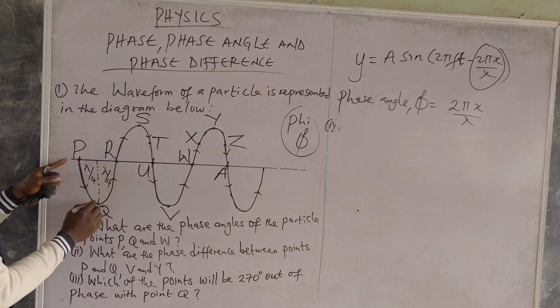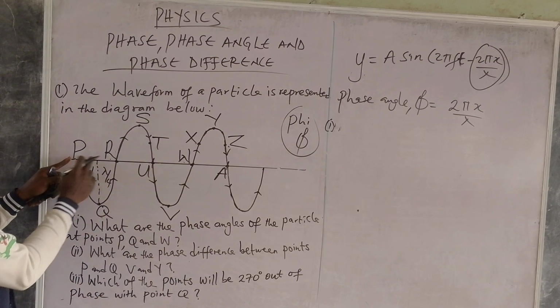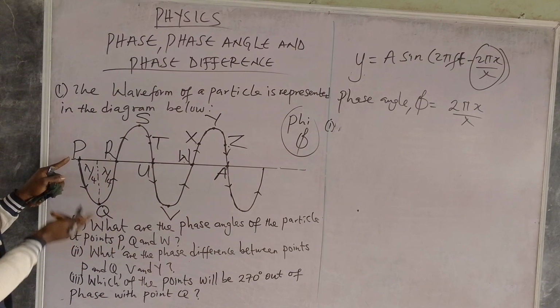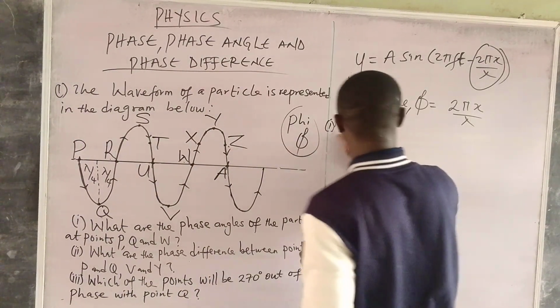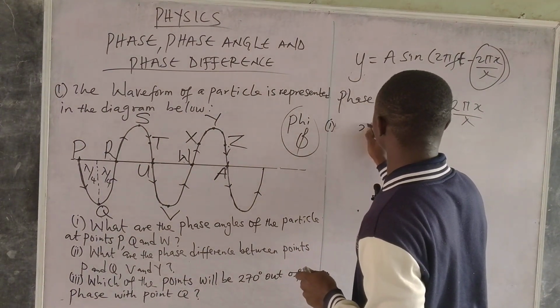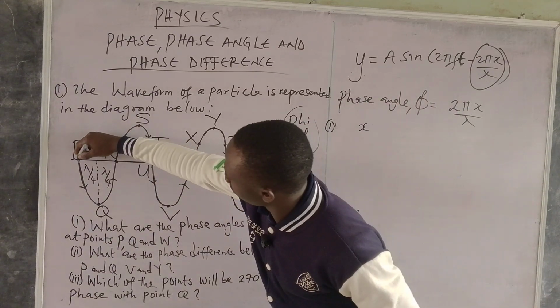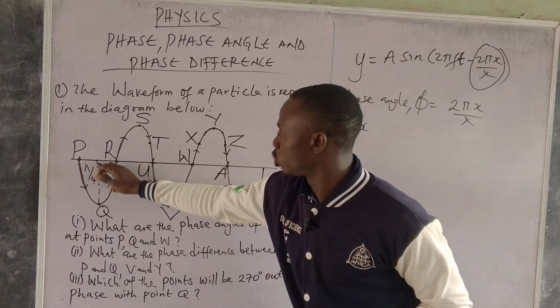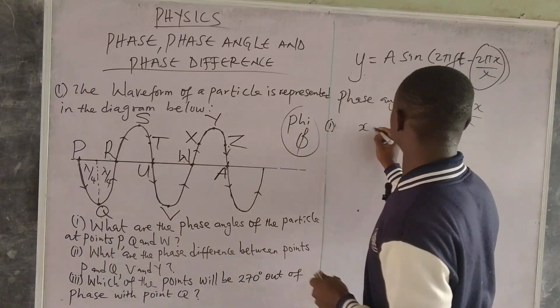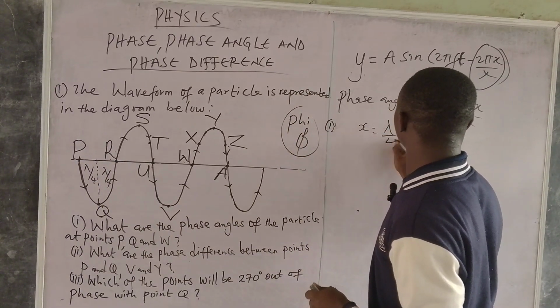From P to Q, this point Q, right? So from P to Q is how many wavelengths? That's going to be lambda over 4. Lambda is our wavelength. So it means our distance x, if you trace from here to point Q, is equal to lambda over 4.